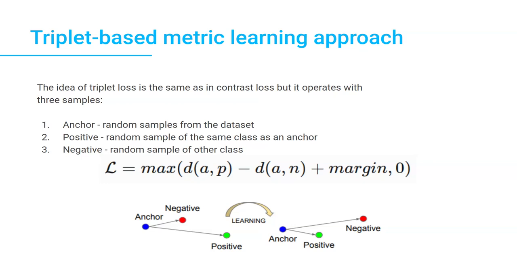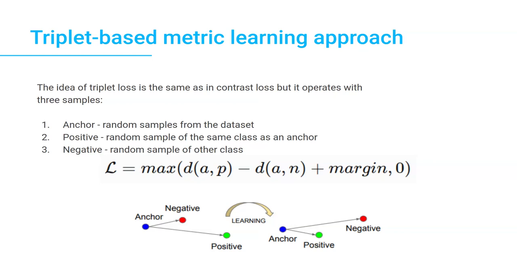So we calculate the distance between anchor and positive, and between anchor and negative, and our loss consists of the difference between those distances plus some margin that is used to control what level of similarity satisfies our training process.